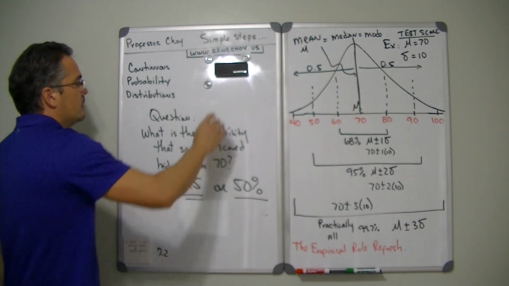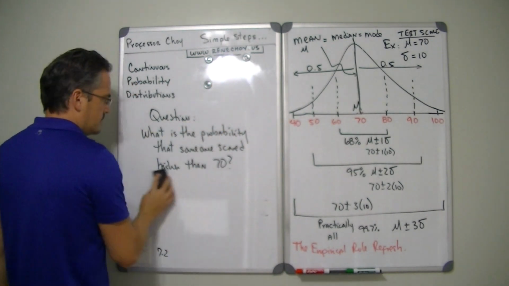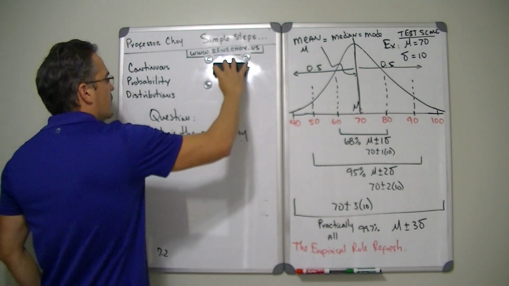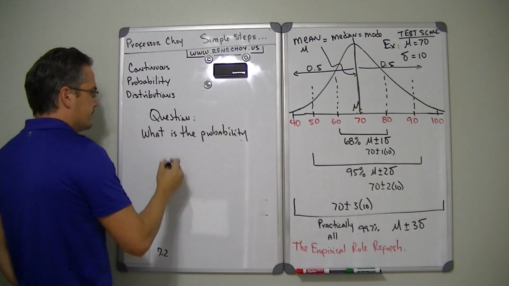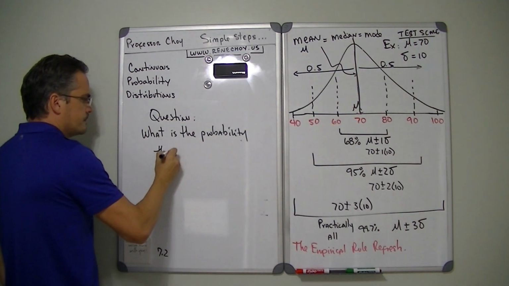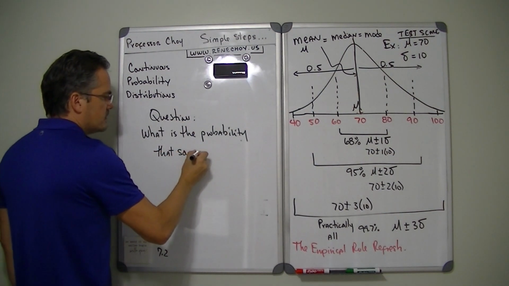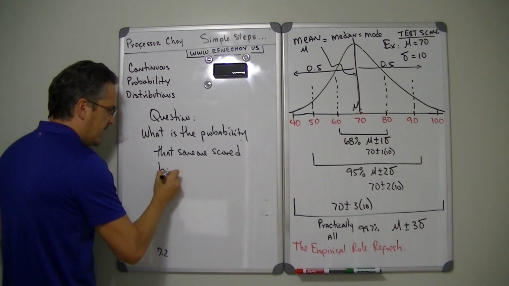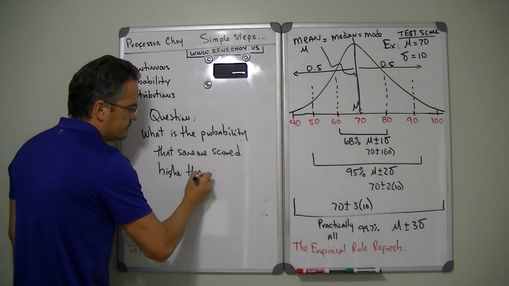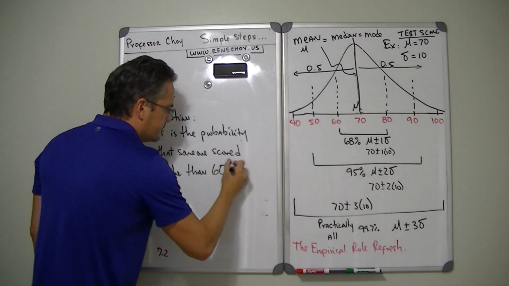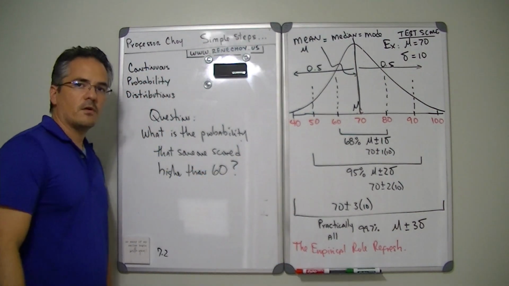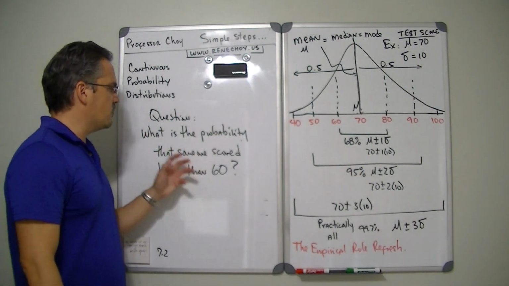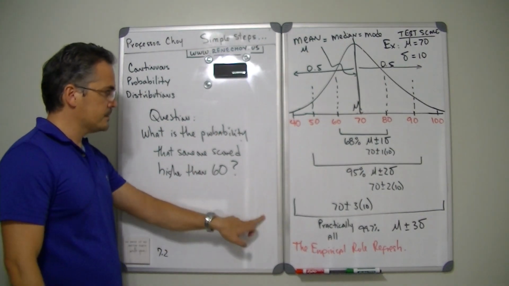Alright, let's come up with another example. So let's say, what is the probability that someone scored higher than 60?